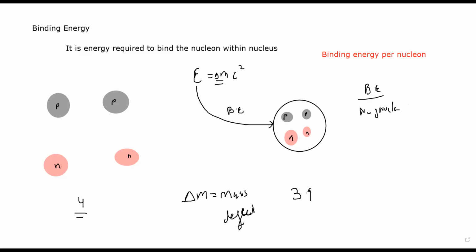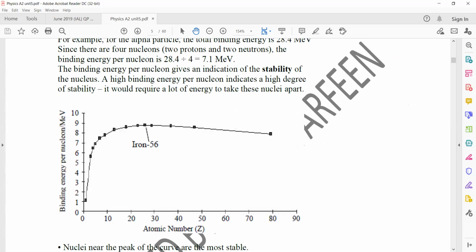If we sketch a graph for binding energy per nucleon, what we will find is the shape of this graph. This is the shape of the graph for binding energy per nucleon.